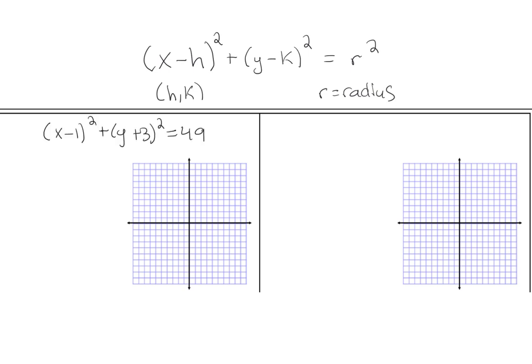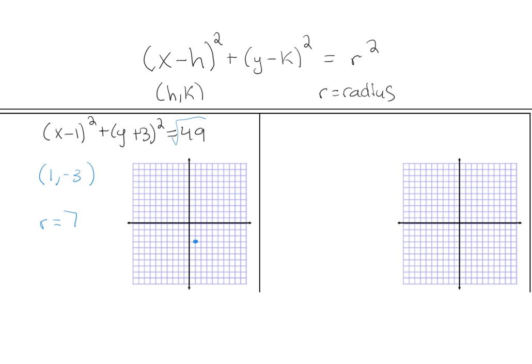So a quick example, (x minus 1) squared plus (y plus 3) squared equals 49. That means the center of the circle will be at (1, negative 3). And then from there, the radius would be the square root of 49, which is 7.